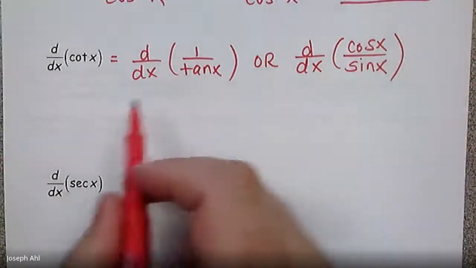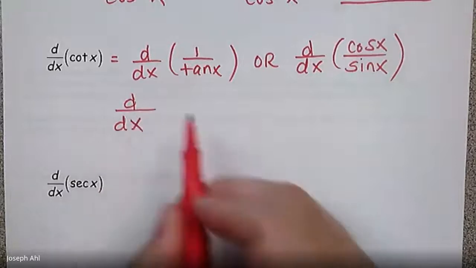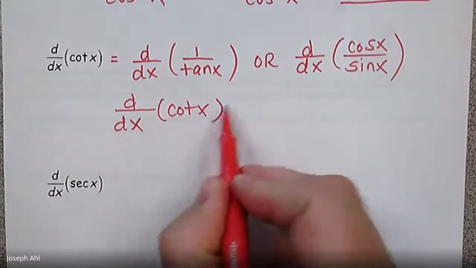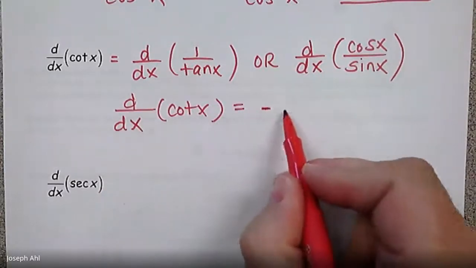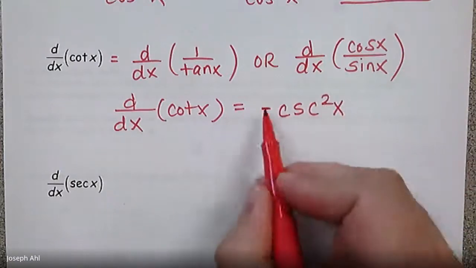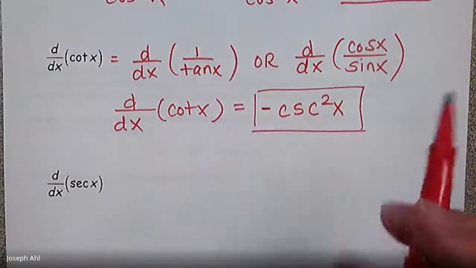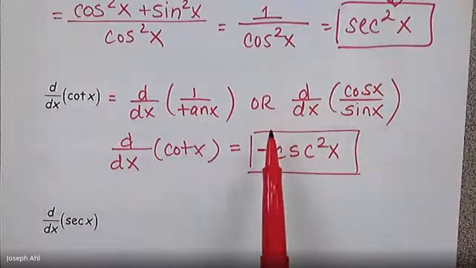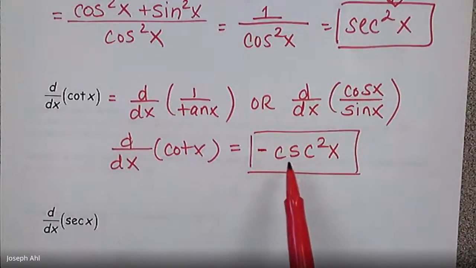And just to save us some time today, I'll write that the derivative of cotangent is equal to negative cosecant squared. Okay, so the derivative of tan is secant squared, the derivative of cotangent is negative cosecant squared.